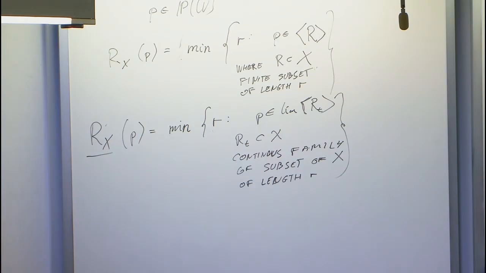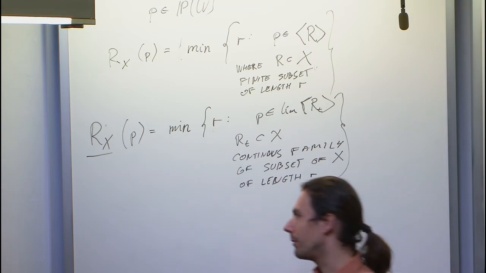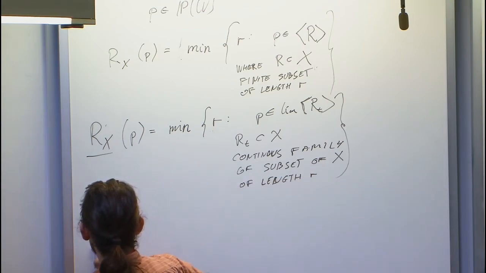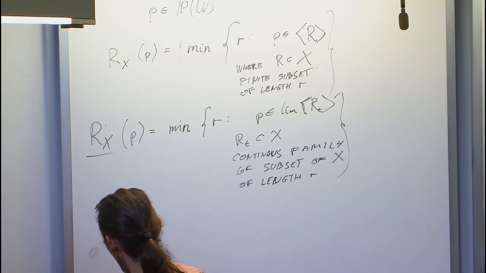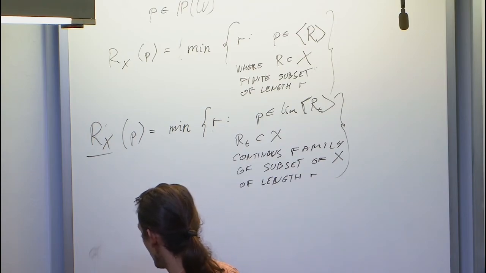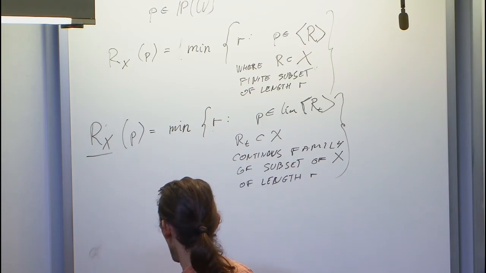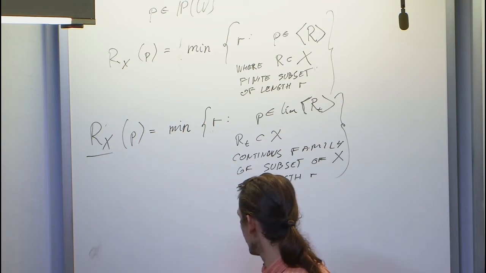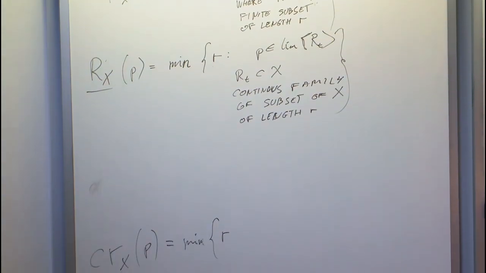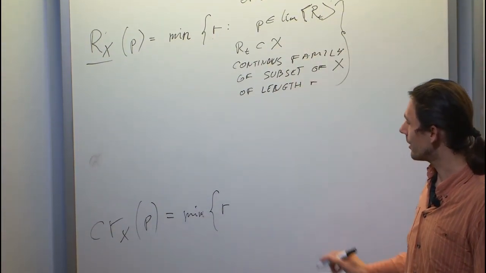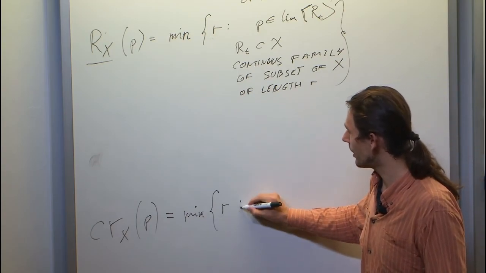Now I should explain the more difficult stuff, and it will take me some time. So let me just write the definition first, and then I will explain the notions appearing in the definitions. So the Cactus rank is the minimum r, again the same pattern as above, except that I'm changing a little bit my object.